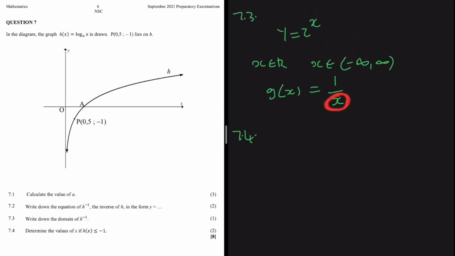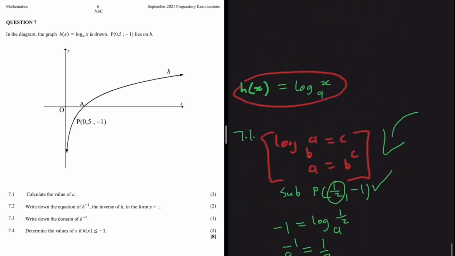So we know that h of x is said to be less than or equal to minus 1. So in place of h of x, let's substitute log of x base 2 being less than or equal to minus 1. Again, in this question we're going to apply this rule.